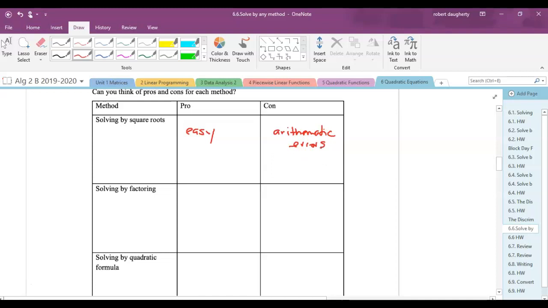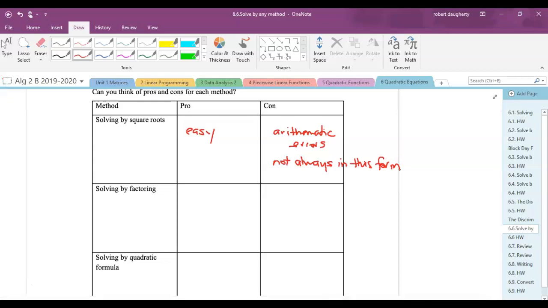And the other thing, not everything is in this form. If you've got an equation that's not in a perfect square form, you've either got to get it that way or move on to a different method.